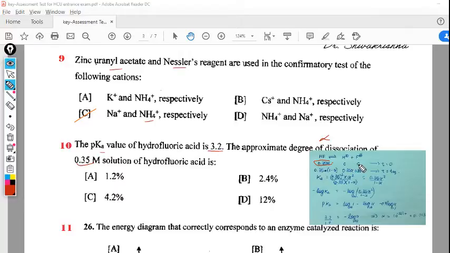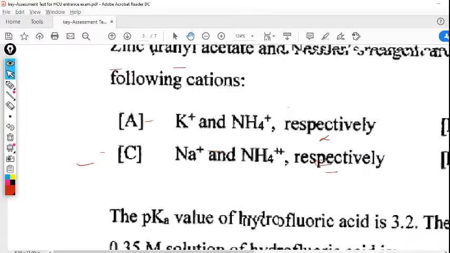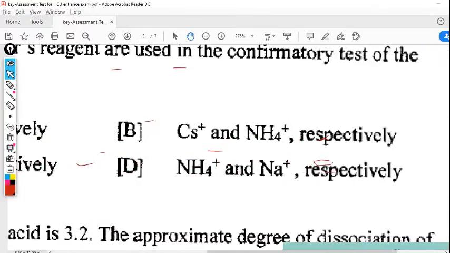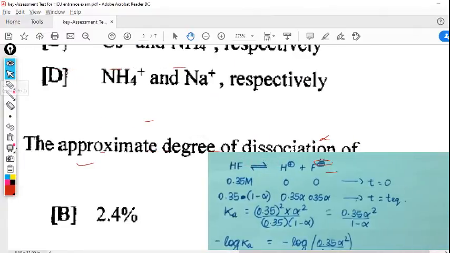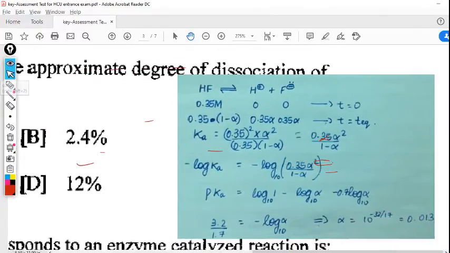Initially, these ions' concentration will be 0, but at equilibrium, whatever the extent of the dissociation, that will be its breakage factor, and the amount of ions formed will be that amount.